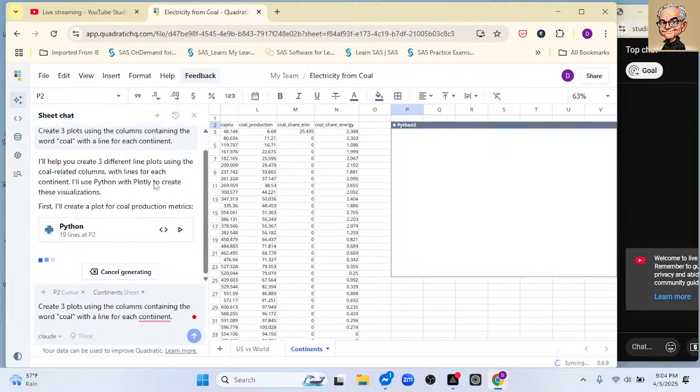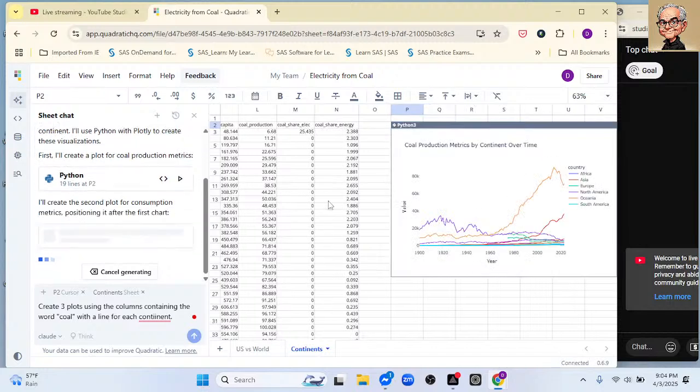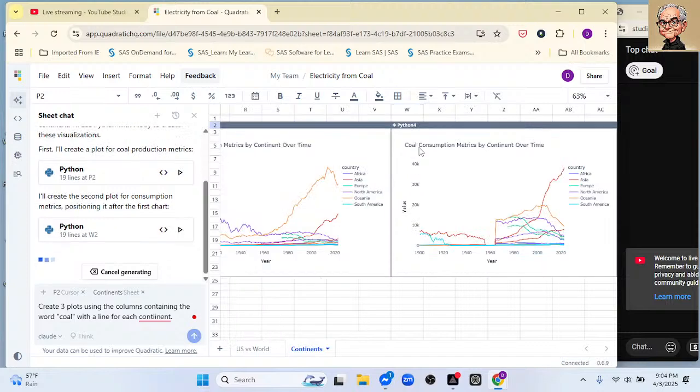Okay, so first it says, so this is coal production metrics over time.